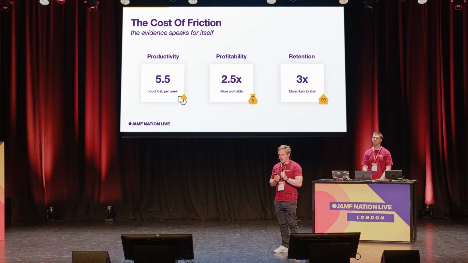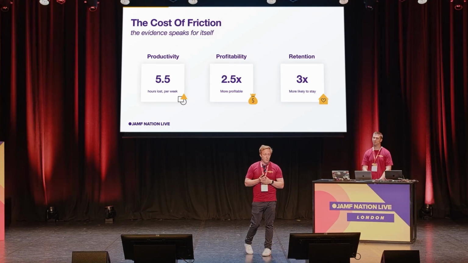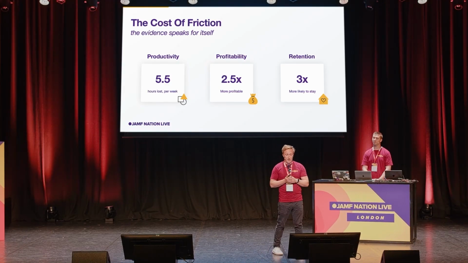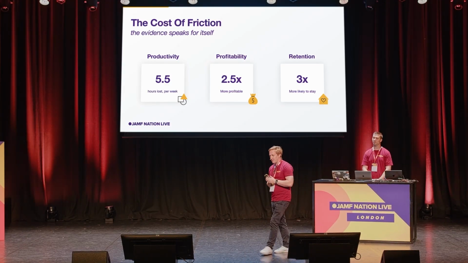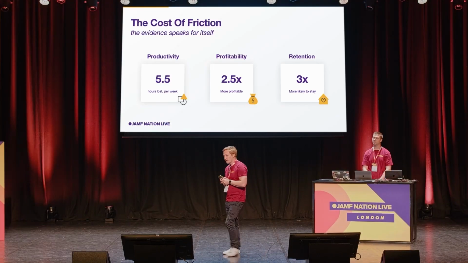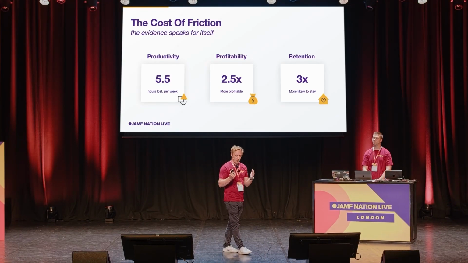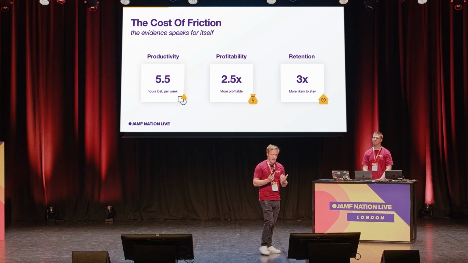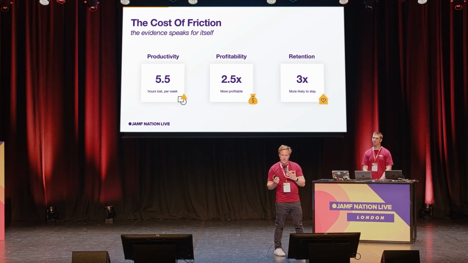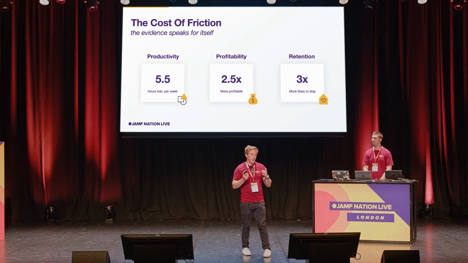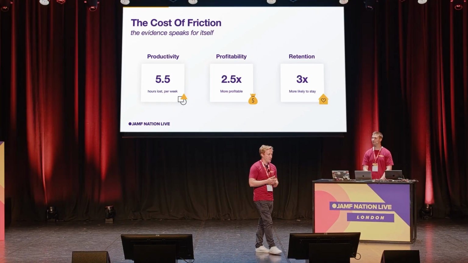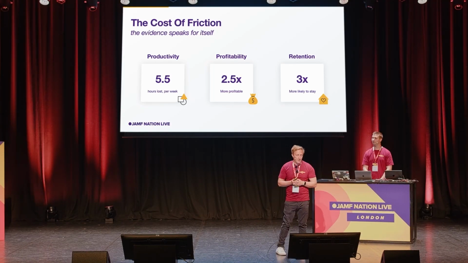I wanted to share an interesting stat from the Global Workforce Survey performed earlier this year that showed that an average user loses around 5.5 hours per week in insufficient tools. Not all of these may be within our control, but if we gain more insights into where they are losing their effort, we can help them in this area. And you can see how that can quickly accumulate into a significant loss.